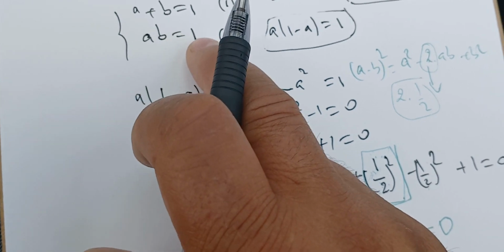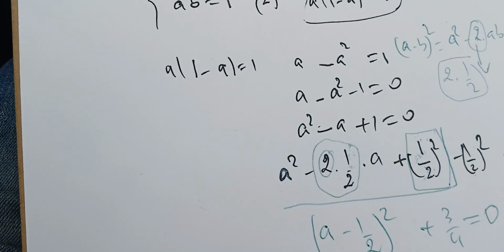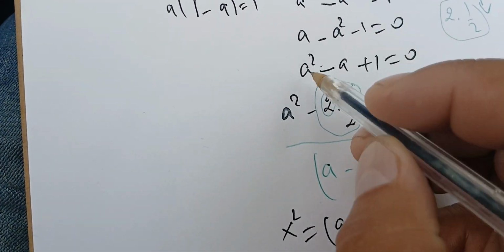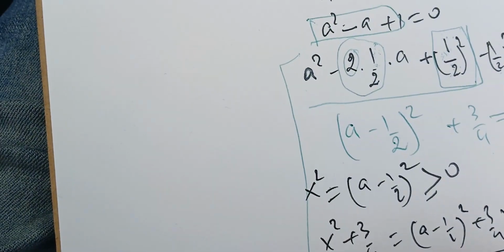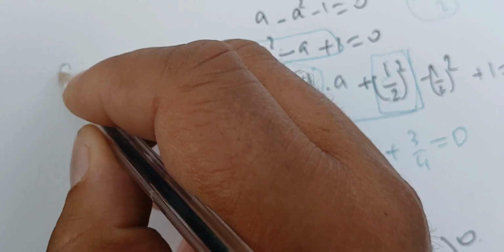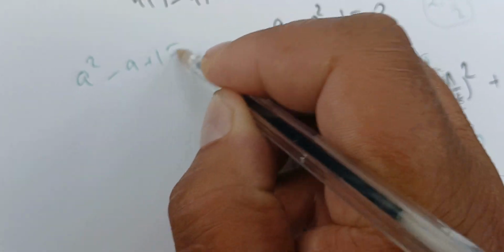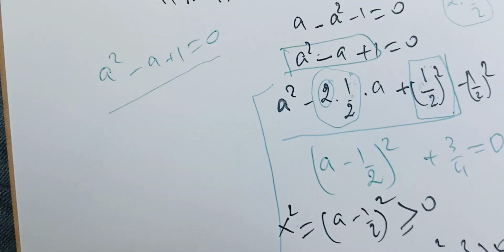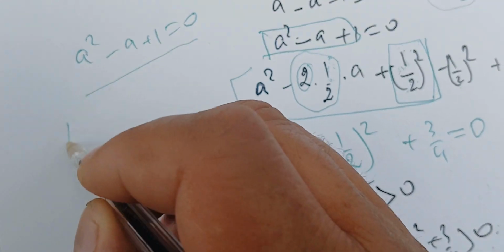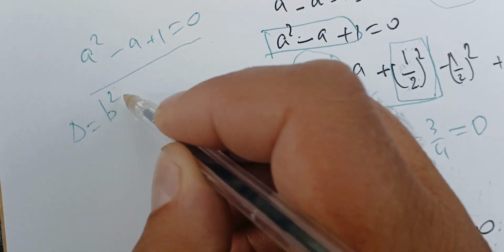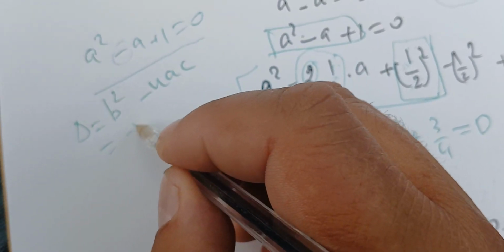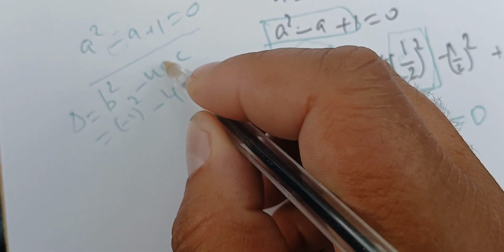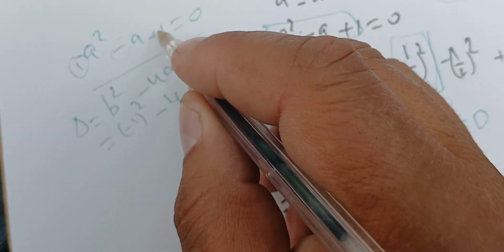There is another technique. Once we have this one here, without doing all this, we can just say we have a squared minus a plus 1. So this is a quadratic. We can use the discriminant, delta, which is b squared minus 4ac. The b is minus 1, so minus 1 squared minus 4. The a is 1 here.